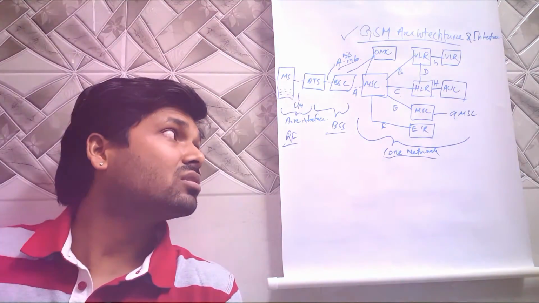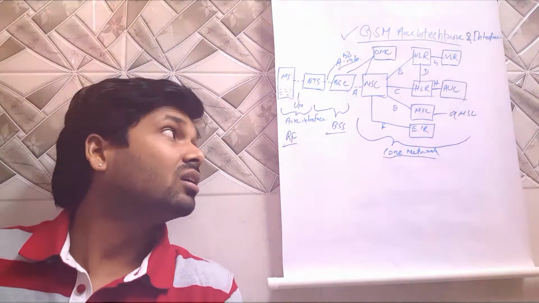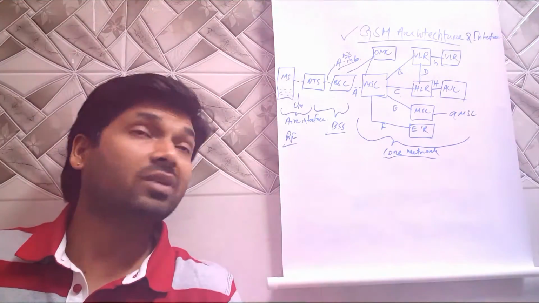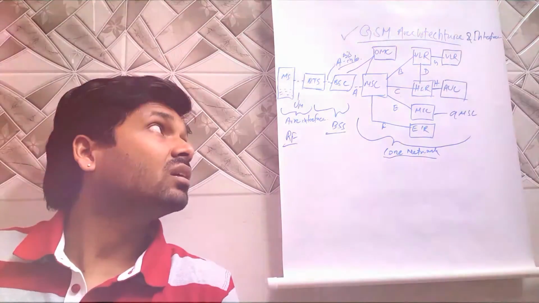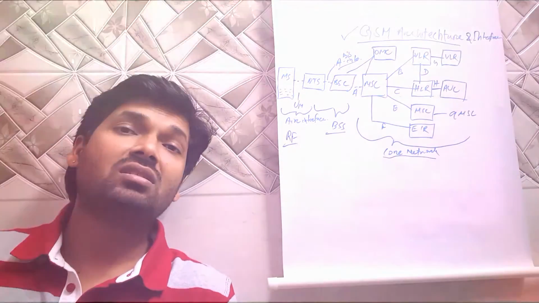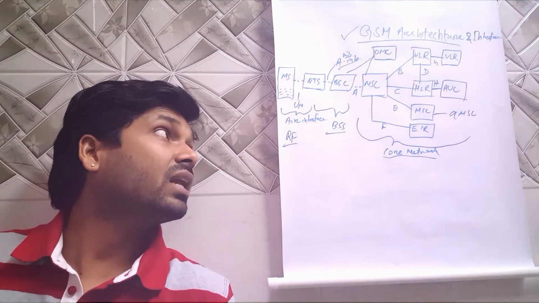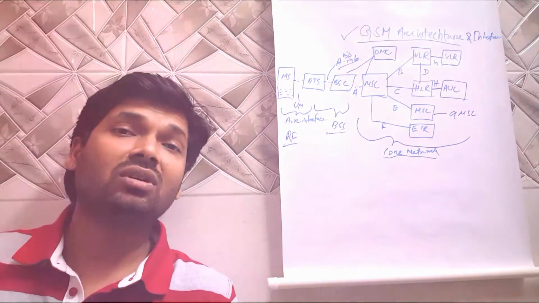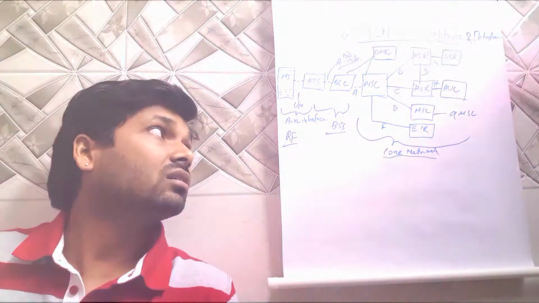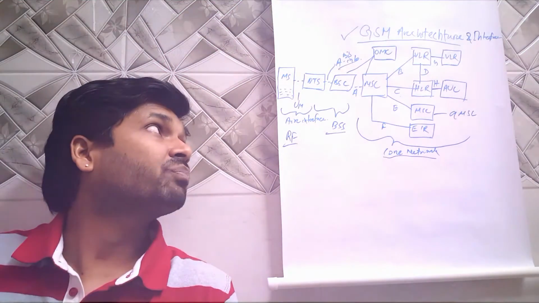So for the telecom engineers, the RF engineers, the core engineers, or maybe the BSS and O&M engineers, this architecture is very important to understand, including the interfaces, so that we can easily understand the various network elements, what their functions are, and how we manage the GSM network in terms of connectivity, interfaces, and the functional features of each of these network elements.